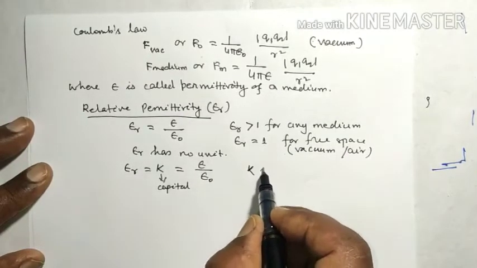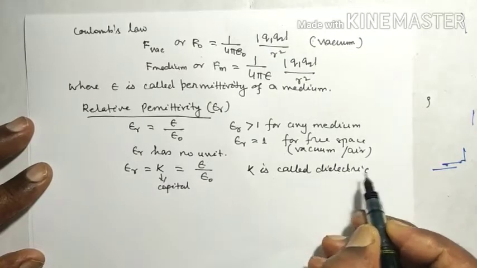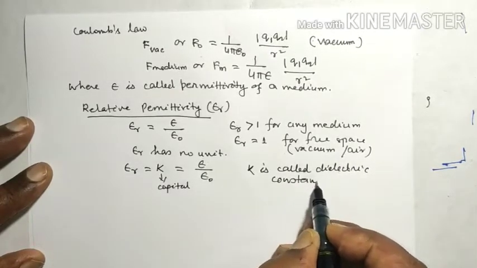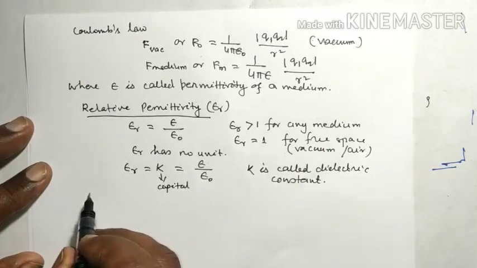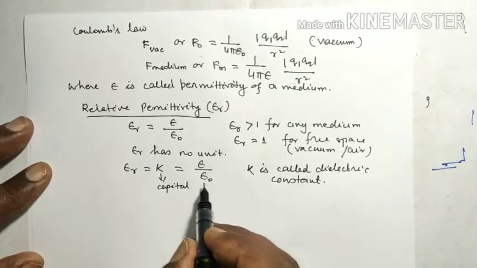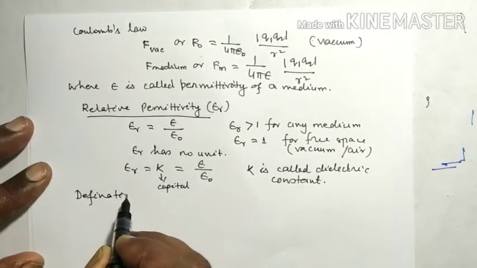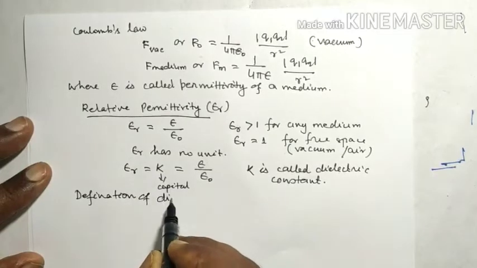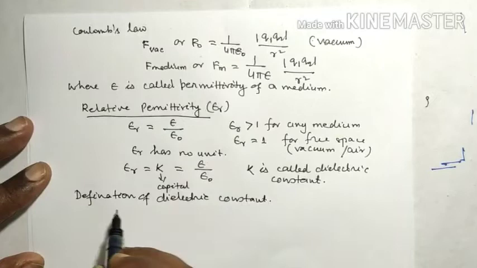So K is called the dielectric constant of a material. So K can be defined in terms of force. So the definition of dielectric constant.